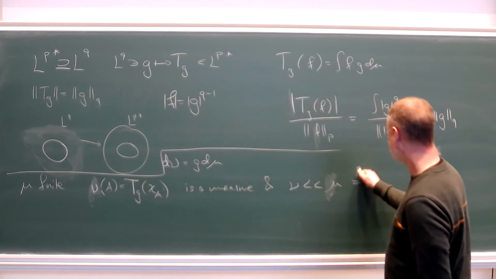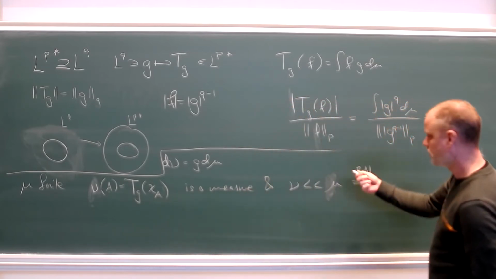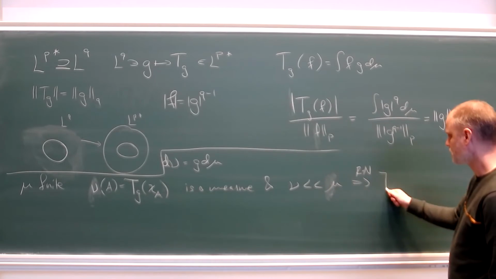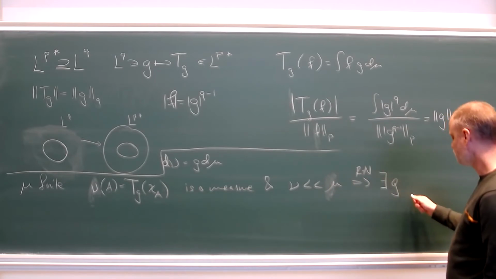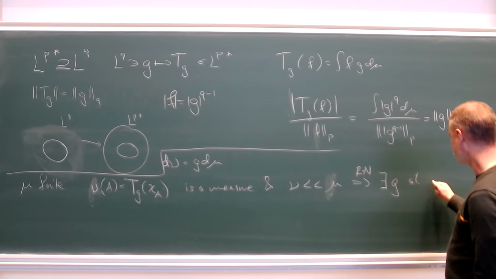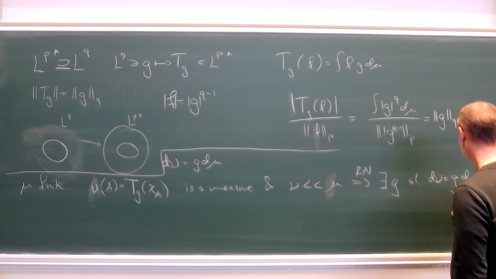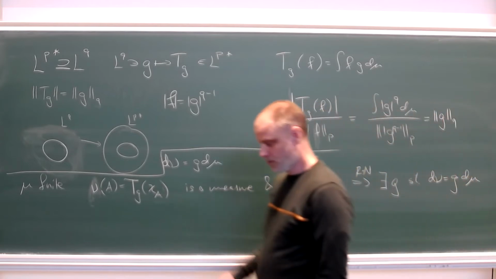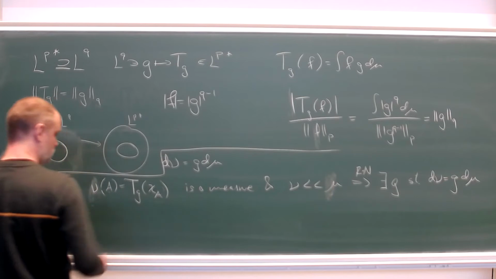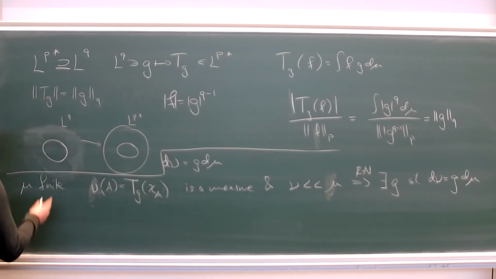And then the Radon-Nikodym theorem tells us immediately that there exists a function g such that, well, basically that holds. Let me write it again. And now we're almost done, right? But not really.